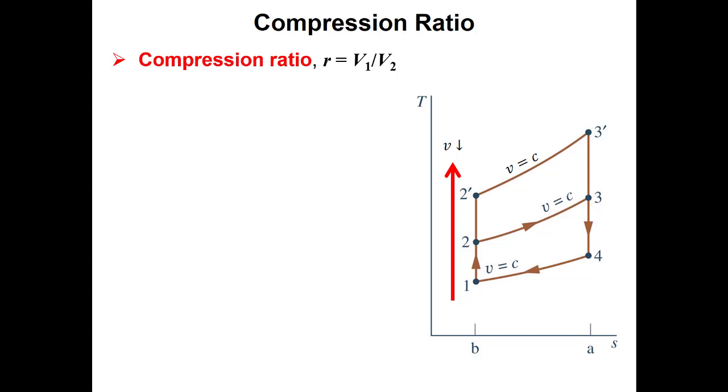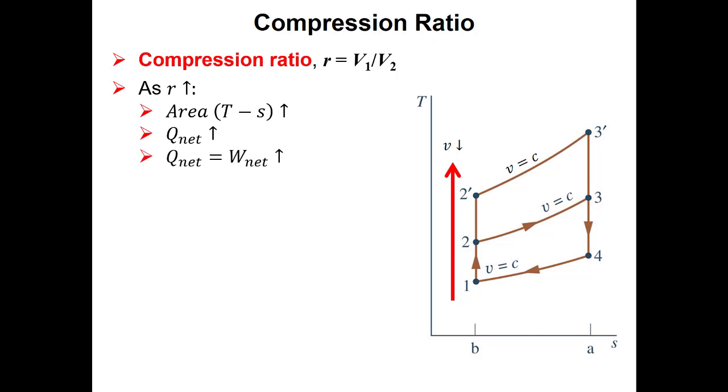is going to deliver more net work, right? Because the net work per cycle is given by the area inside the cycle on the T-s diagram. Here you see as r goes up, the area on the T-s diagram goes up, which means the area on the P-v diagram would also go up. That means the net heat goes up, but because the net heat is equal to the net work in this case, the net work goes up, right?